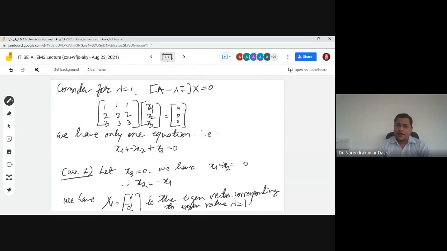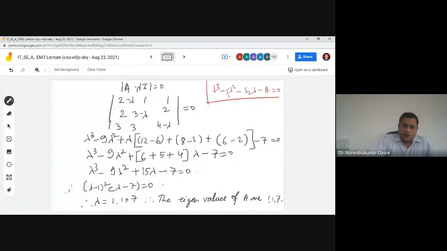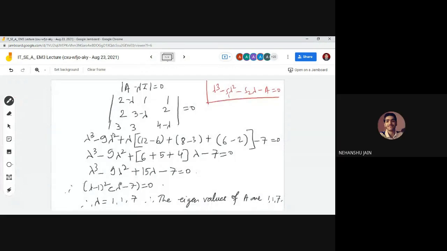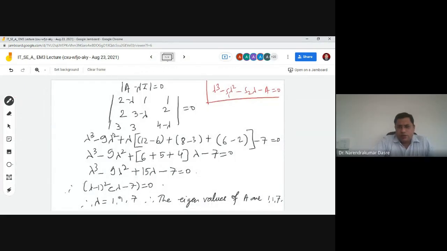We call it the algebraic multiplicity. For this example, we can see that this eigenvalue is repeated 2 times, so we can have at the most 2 eigenvectors. Is there any doubt in this, in these eigenvectors?